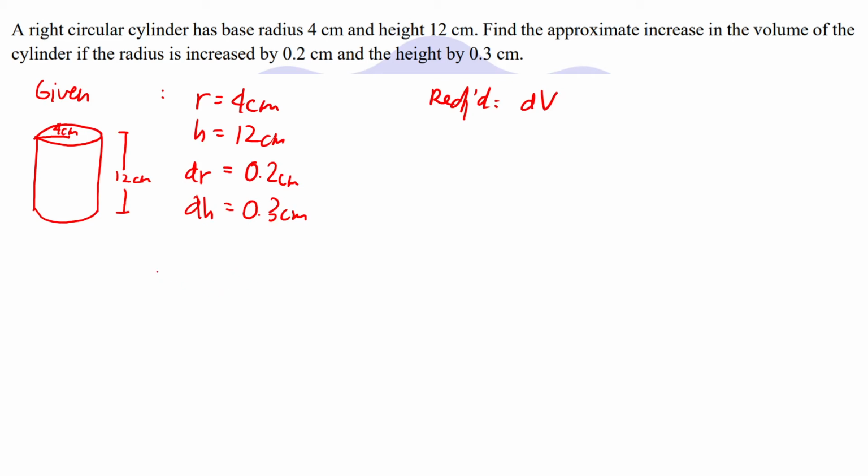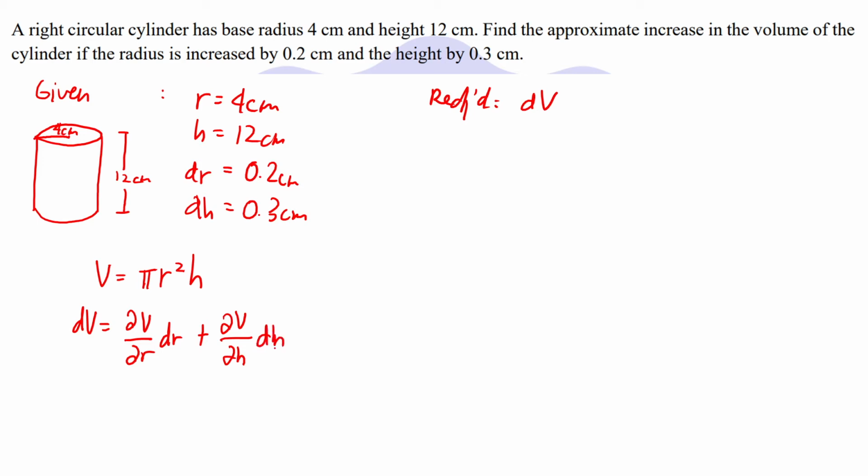So first, you have to define your equation. V is equal to, what is the volume of a cylinder? That's pi r squared h. Meaning, your equation will be dV using partial differentials. It will be dV equals partial of V with respect to r, dr, plus partial of V with respect to h, dh.